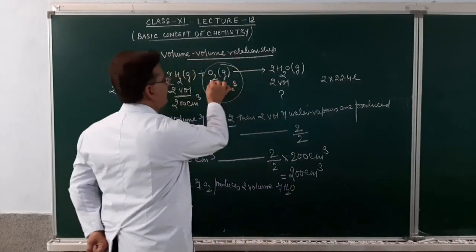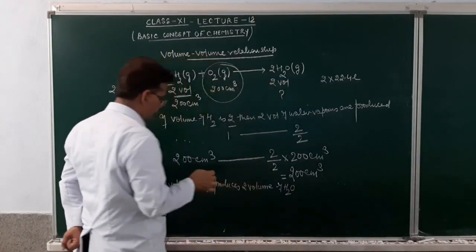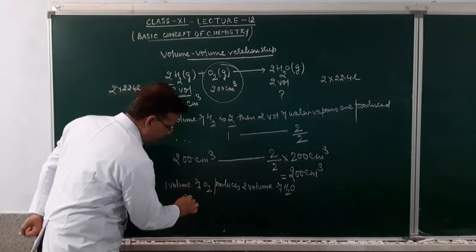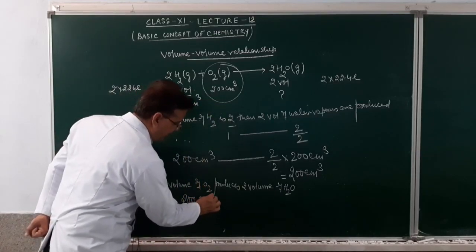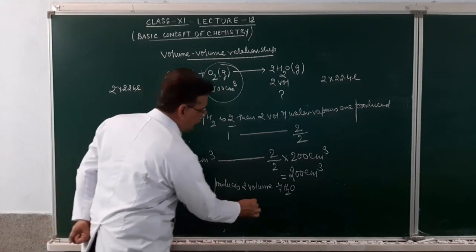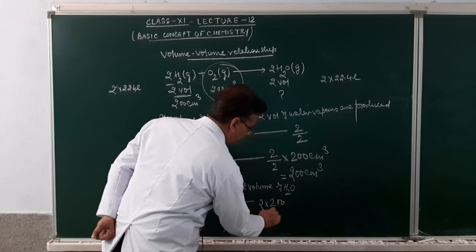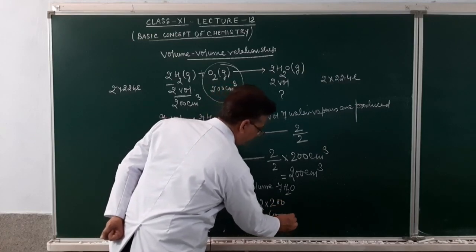Is it clear? From 1 volume of this, 2 volumes of this are produced. From 200 centimeter cube of oxygen, how much will be produced? It will be 2 into 200, which comes out to be equal to 400 centimeter cube.